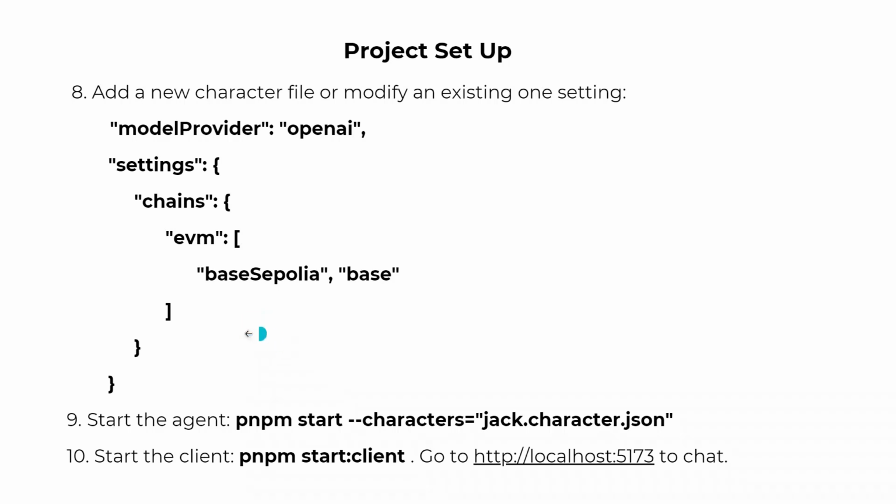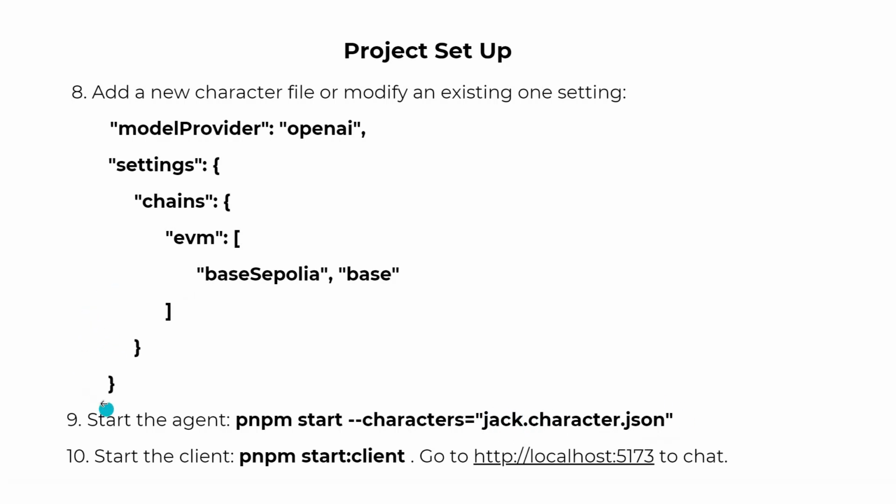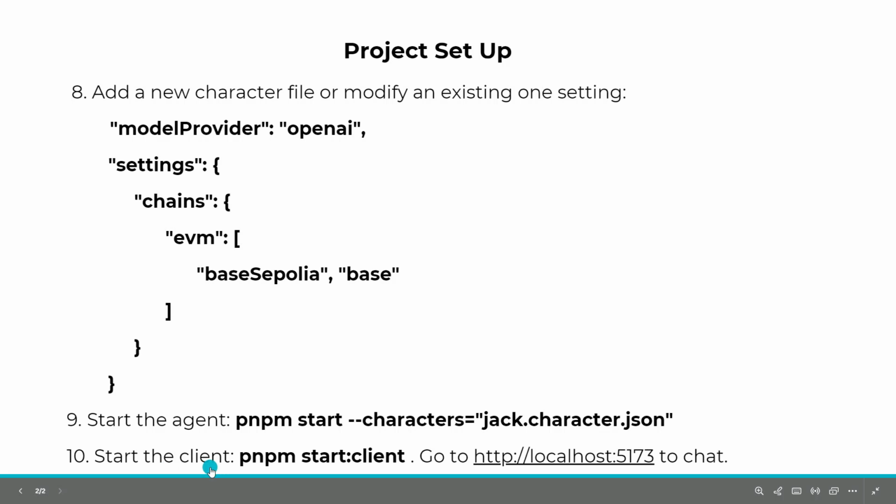So coming back to our project setup, the only two things that are left to do are start the agent with this command, pnpm start --characters, the character that we want to use. And then, of course, we need to start the front end client with the pnpm start:client, and the client would be available at this URL here.